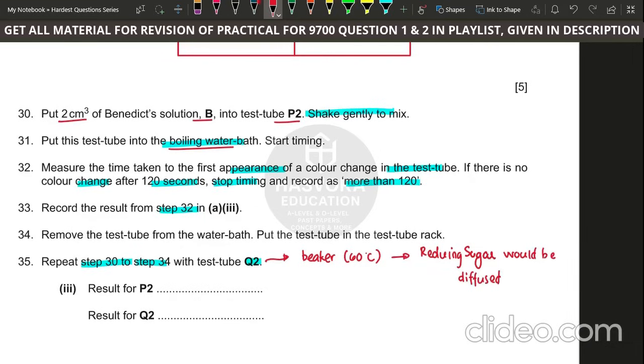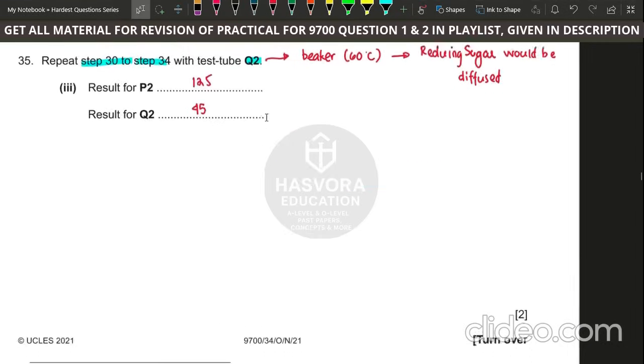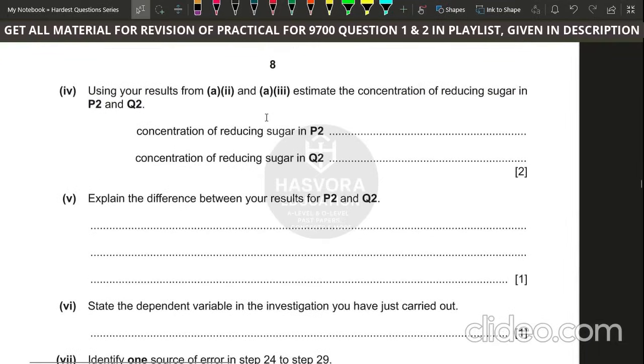So let's take less time for the Q2, so let's just take it as about, you can say, 45 seconds. Okay, and then for the P2, let's take it more. Okay, so let's just take it as about 125 seconds. Okay, so then using a result from A part 2 and A part 3, estimate the concentration.